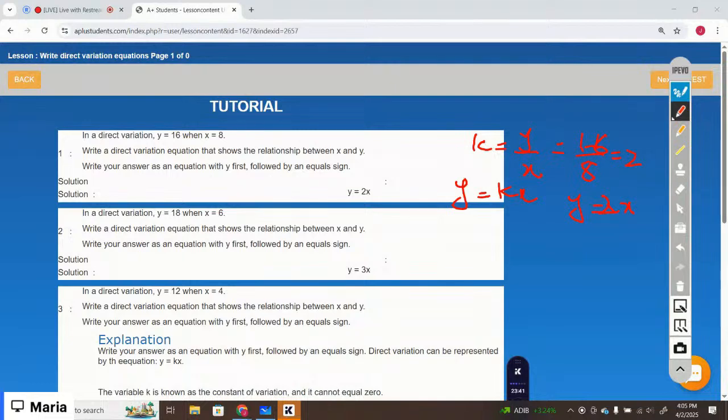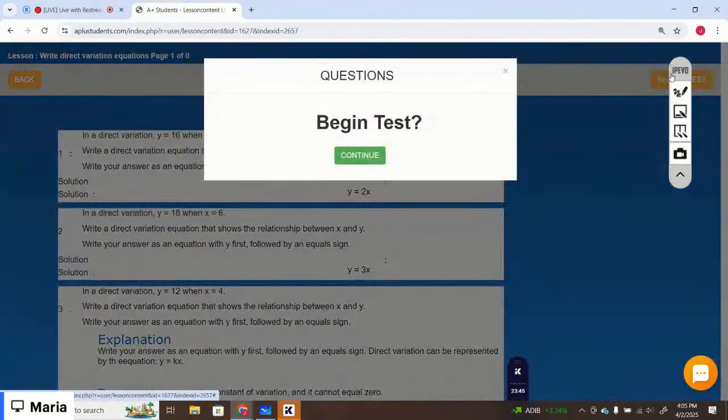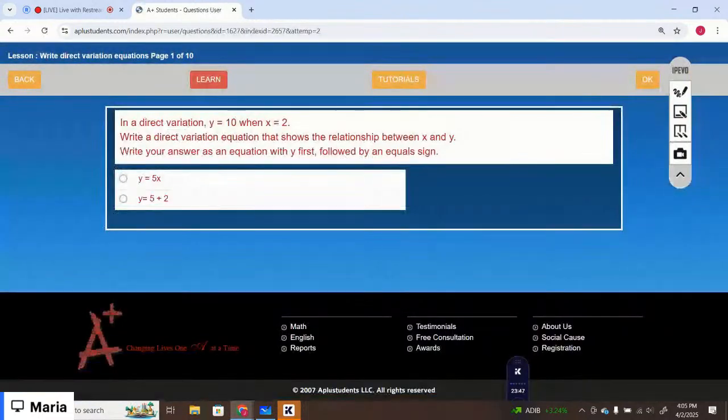Let's just start with the first questions. In a direct variation, y equals 10 when x equals 2.